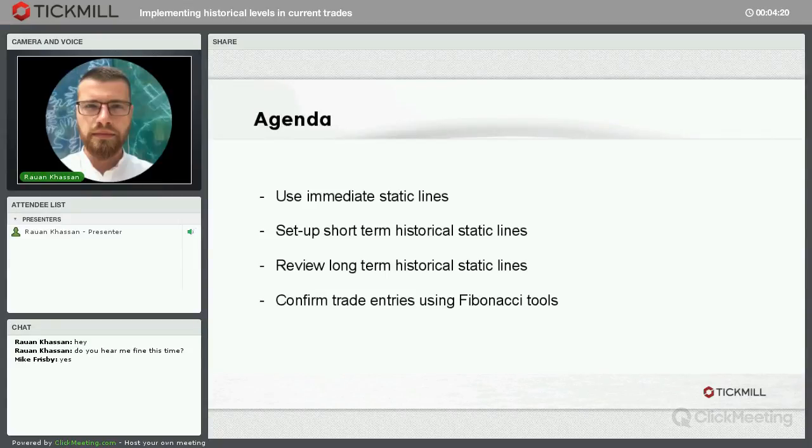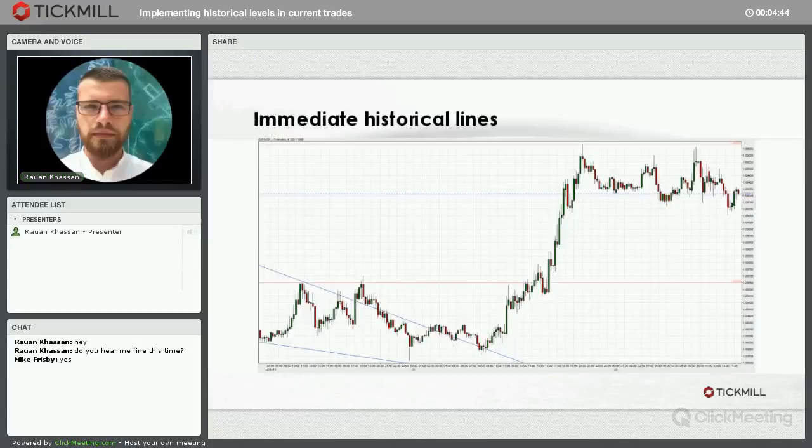As a first step, we learn how to use immediate static lines in trading. Then we set up different short-term historical static lines. Then we review long-term historical static lines and see what the difference is between the two of them. And finally, we confirm trade entries using lines as well.